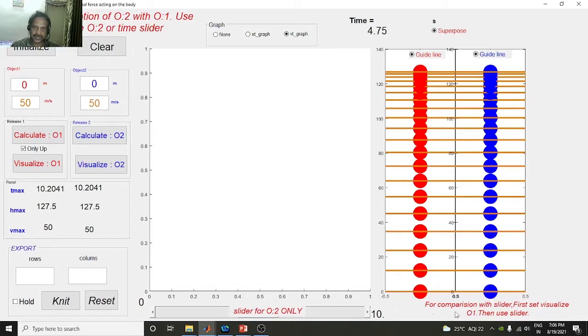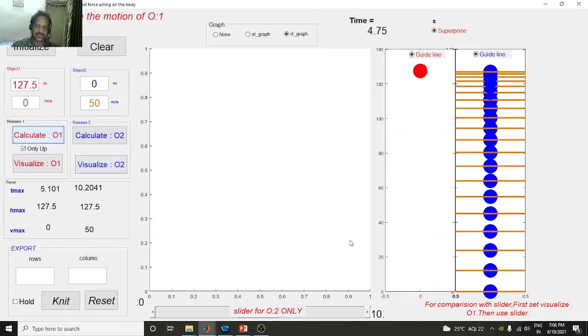Now similarly, when the object is taken to a height and left from that height with 0 speed, a similar phenomenon happens. Let us see that. Let us put the object at 127.5 meters, the same height, and leave it with 0 meter per second.